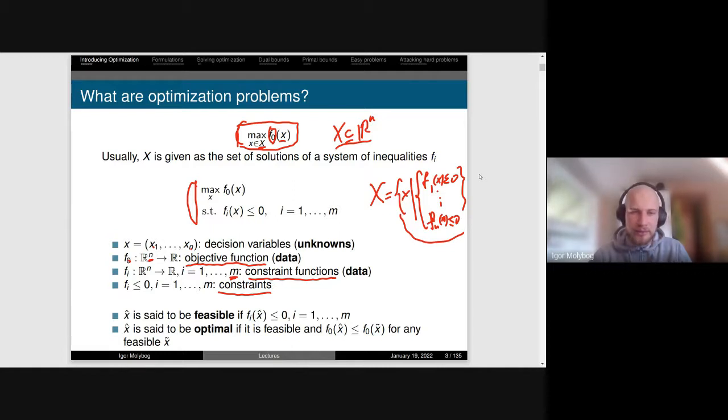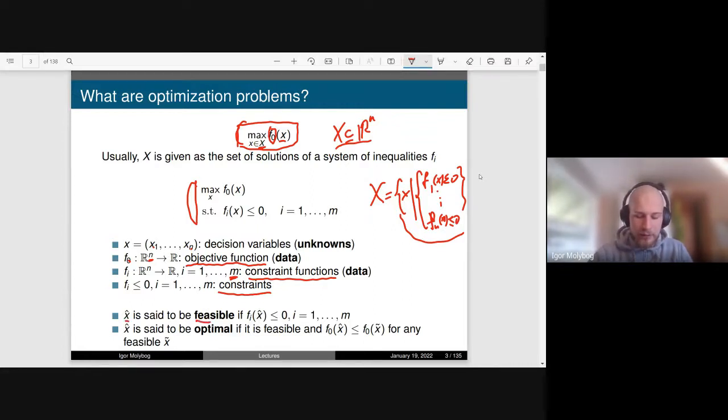Just to keep that in mind. We are calling a particular vector x hat a feasible vector if it satisfies all of the inequalities, or in other words, x hat belongs to the set capital X.